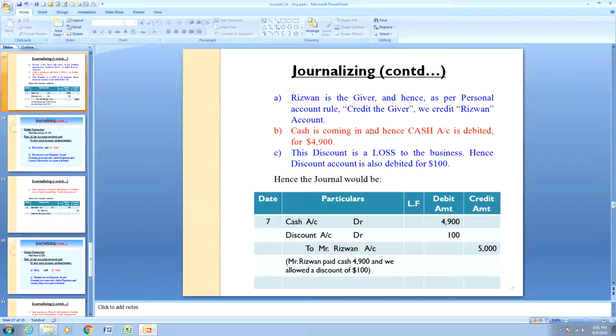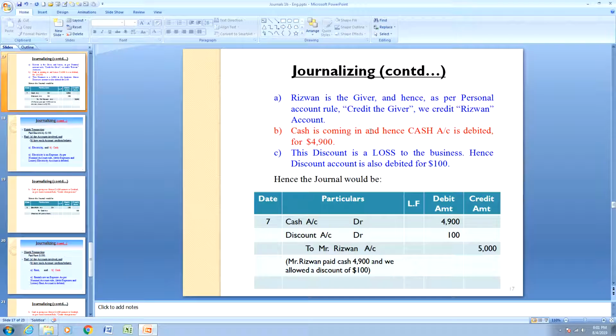Rizwan is the giver, and hence as per personal account rule, credit the giver, we credit Rizwan account. Cash is coming in, hence cash account is debited for $4,900.